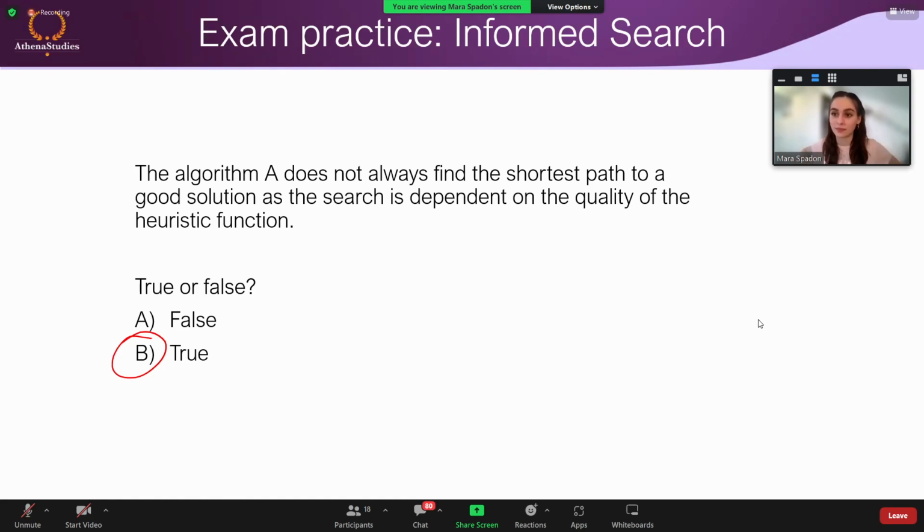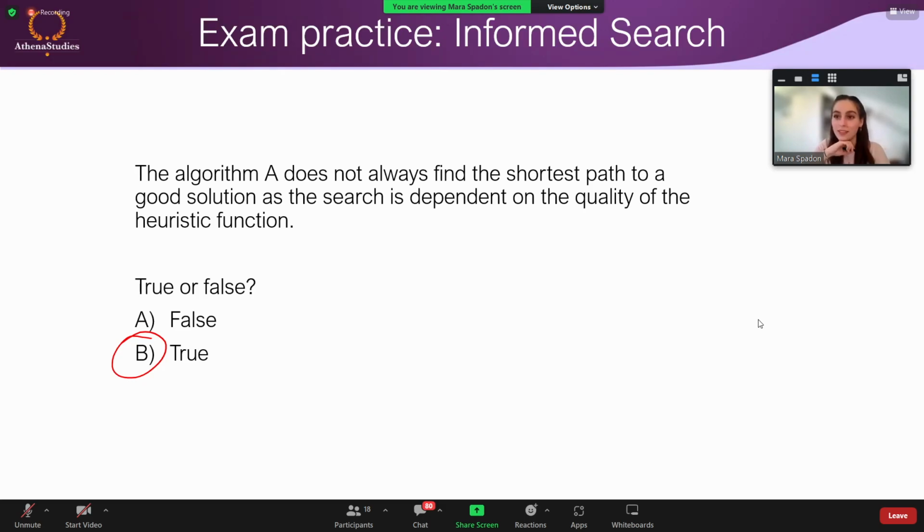And with A star, we use the function that combines the heuristic value and the actual cost. We use an admissible heuristic, so we find the shortest path, and with A, we don't always do that.